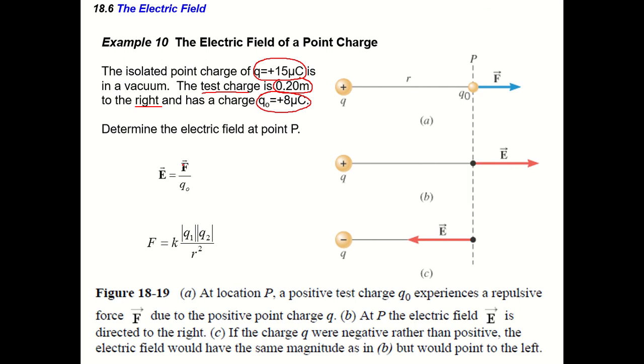Then using this formula, the electric field, which is a vector, equals the electrostatic force, which is also a vector, divided by the test charge. From the formula, F equals the constant K, which is equal to 8.85 times 10 to the minus 12 coulomb squared per Newton meter squared.